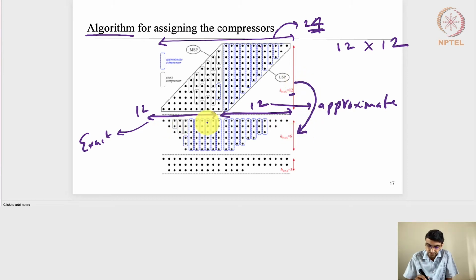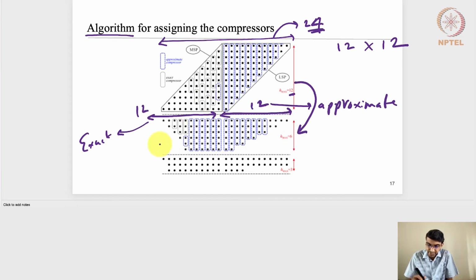In the next stage also, we will apply the approximate compressors to an extent where the height is maximum. So here the height was maximum here, right? So we divided the LSP side, we divided the region into 2 segments, and on one segment we applied approximate compressors, on the other side we applied the exact compressors.